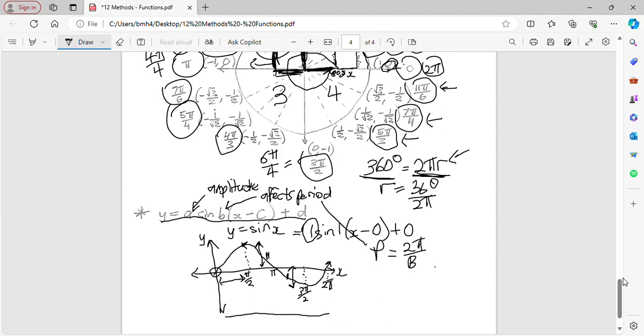So the period in this case is going to be 2 pi, because from start to finish, when we've completed one cycle, it's gone through 2 pi. So that's the period there.